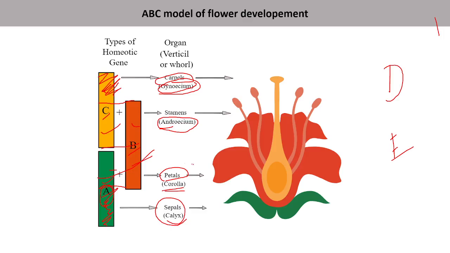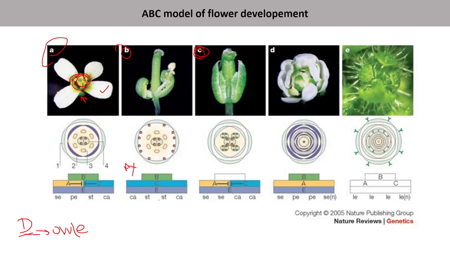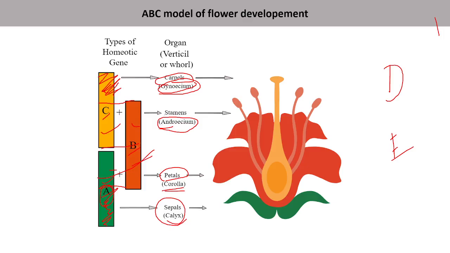If you go back to this figure, if you remove this B gene, that means there will be no androecium and there will be no petals. So only sepals and gynoecium will be present in this flower. In this case there will be no androecium and no petals, because we are removing the B gene.